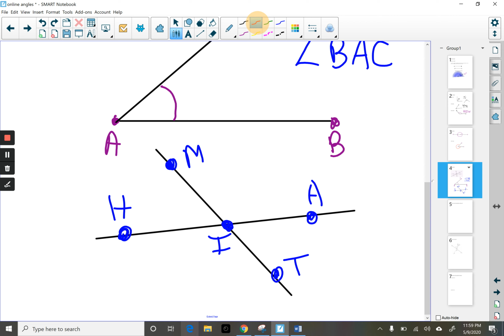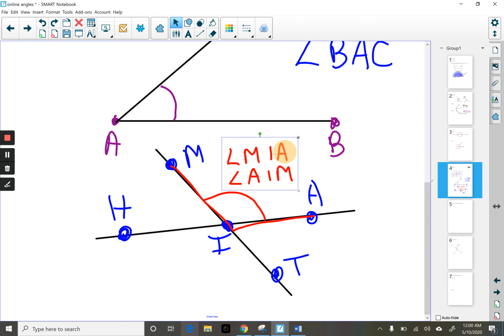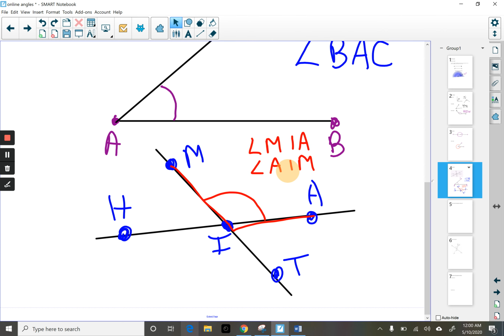So maybe this angle right here, what is this angle called? Well, it is M to I to A. So that's angle MIA. Or we have angle AIM. The important thing, obviously, is that these outside letters right here could be swapped. That's one of the things to look at here.